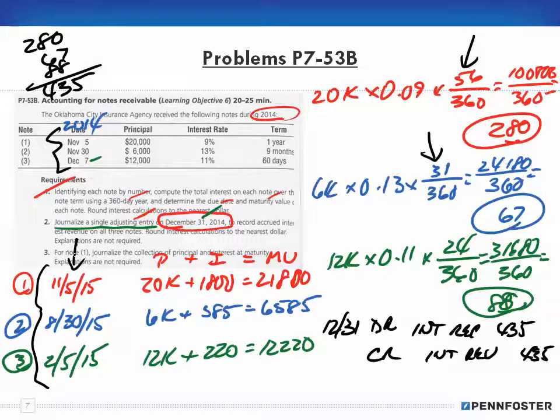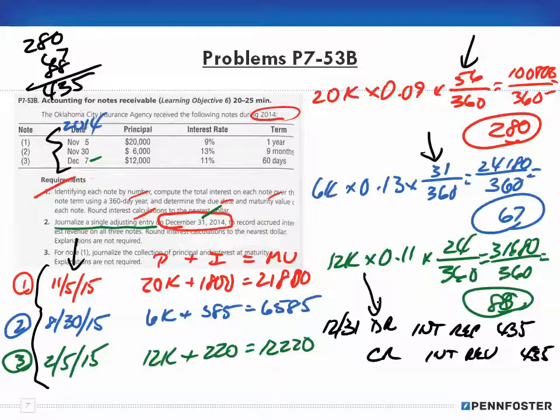But since it's owed to you, all right, you're going to treat it as a receivable, and you would have an interest receivable account. And that interest receivable account most likely would be in your accounts receivable subsidiary ledger, all right? Or if you had a separate interest receivable account, like in this case here, we would actually have a general ledger account called interest receivable, and you could post it directly to that.